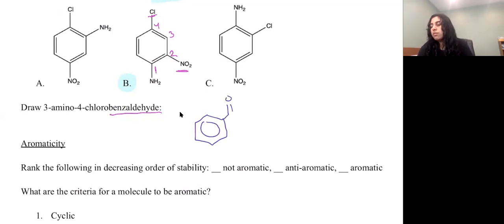And then we have 3-amino and 4-chloro. So we count 3 carbons. So the amino goes here, which is an NH2, and 4-chloro, 1, 2, and 4. Okay.